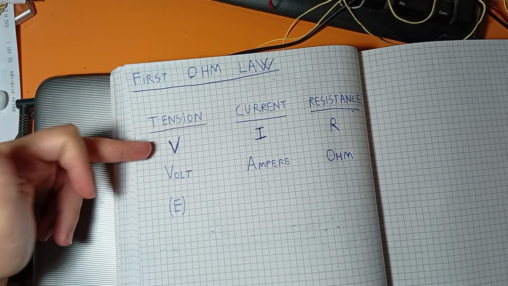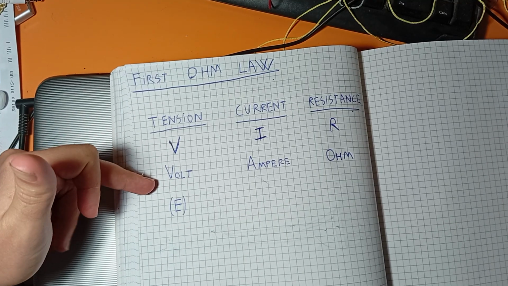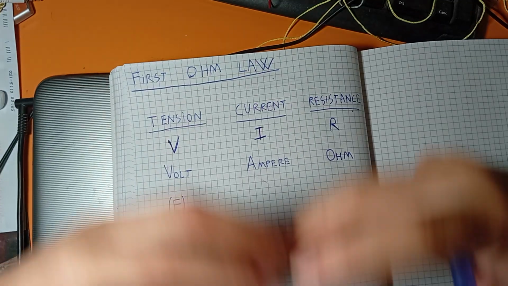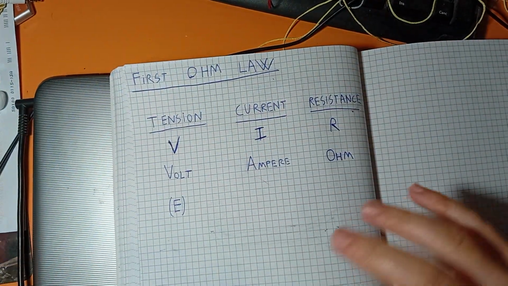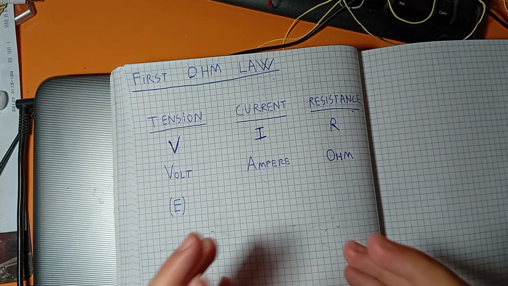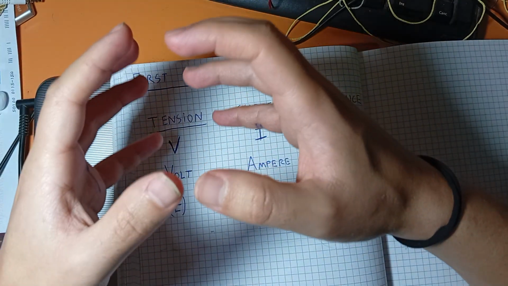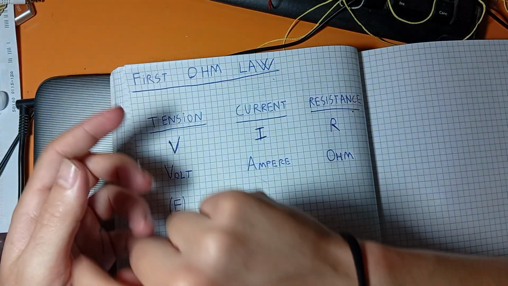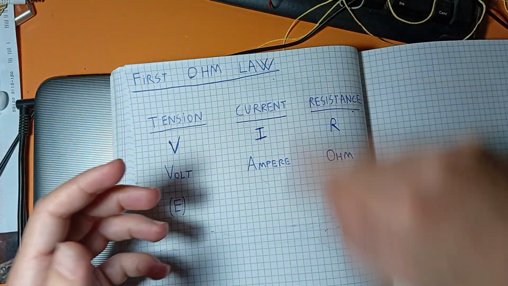Usually tension is written with a capital V, and it is the capacity of the generator to create this flow of electrons, to push the electrons around the circuit.